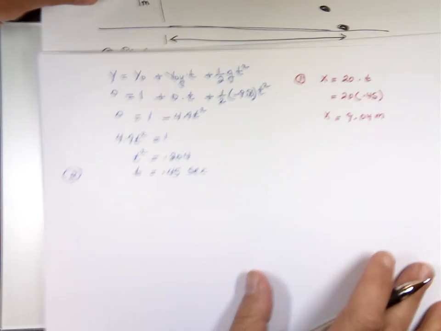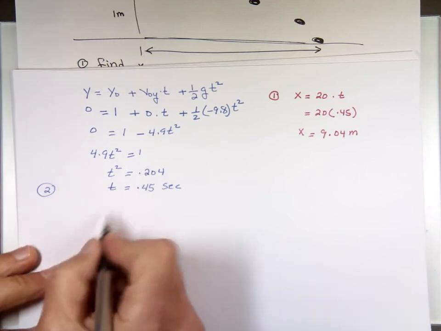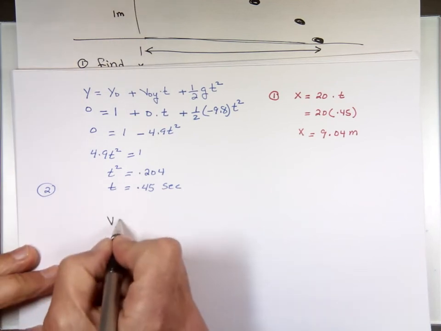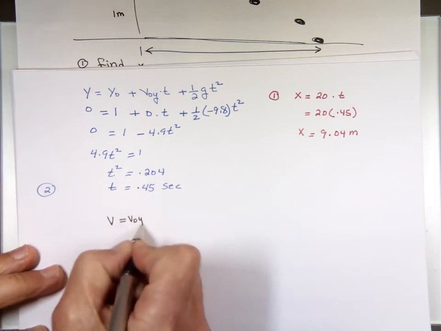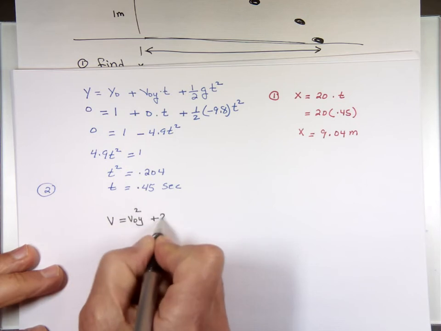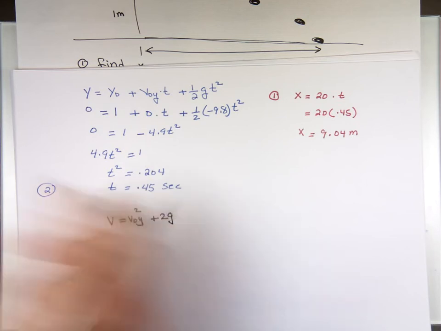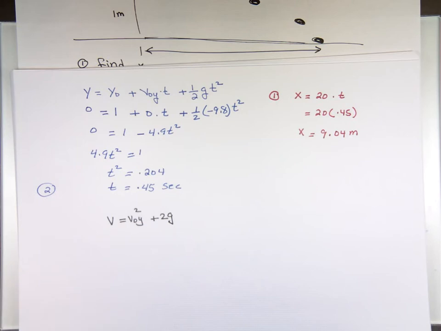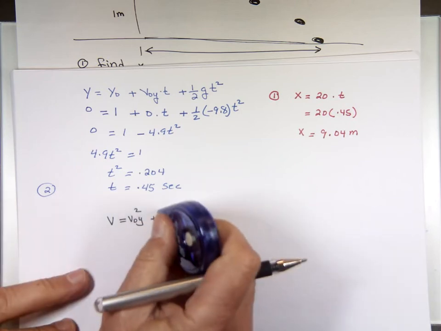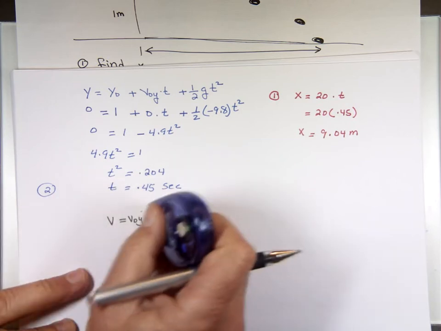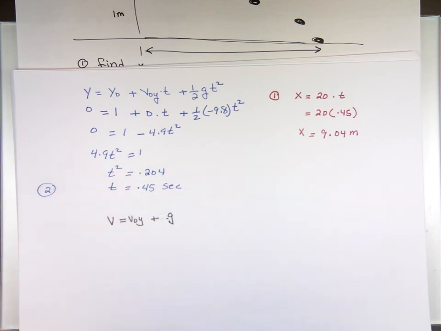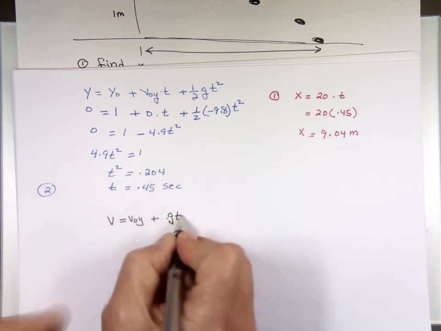I'm leaving that picture there. Oh, I don't know why I said 2G. It's A times T. Yeah, I'm thinking of the other equation. I mixed two equations. V equals V0 plus GT, equation number 2.